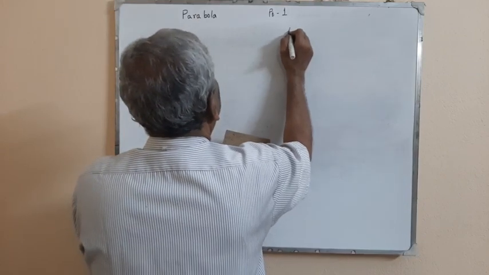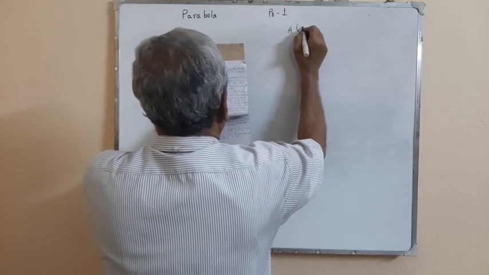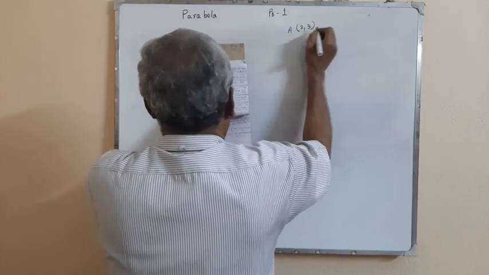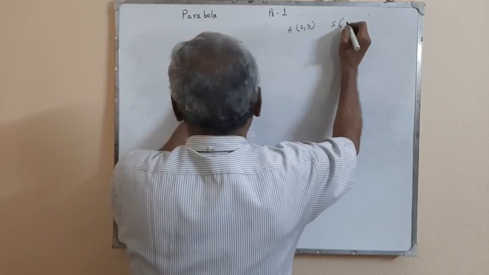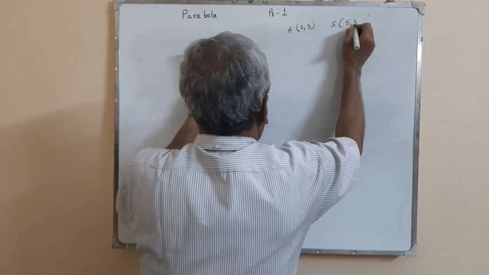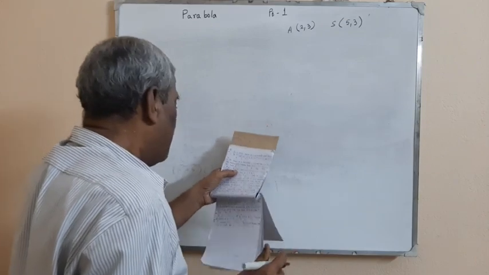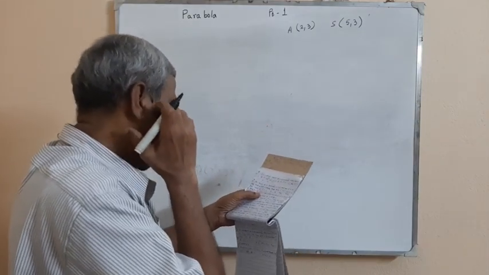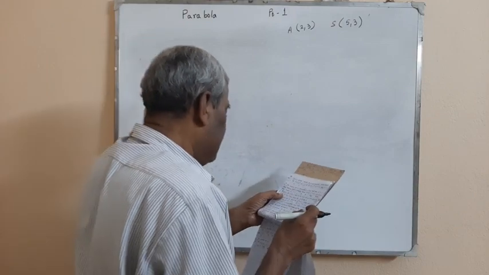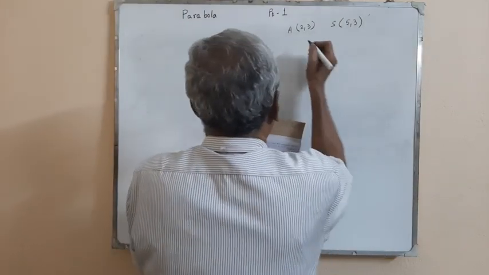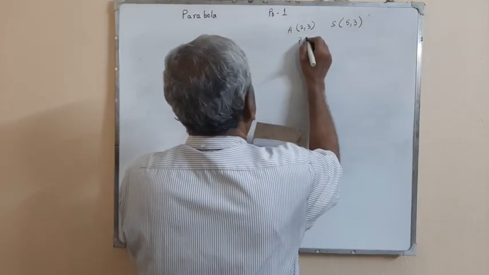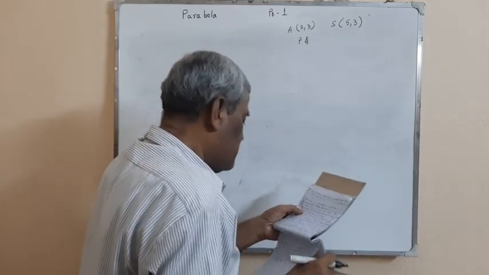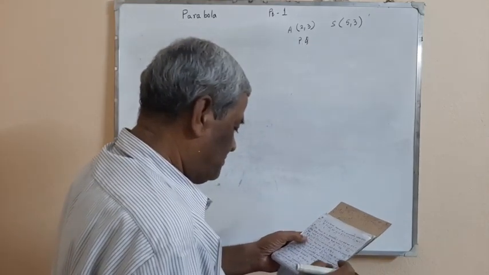A (2, 3) and S (5, 3) are vertex and focus of a parabola. PQ is its length of latus rectum.